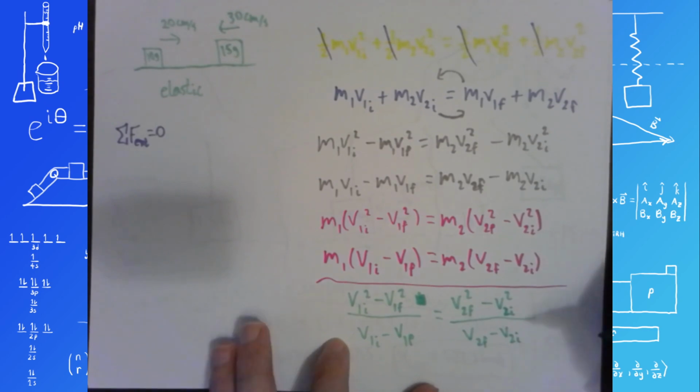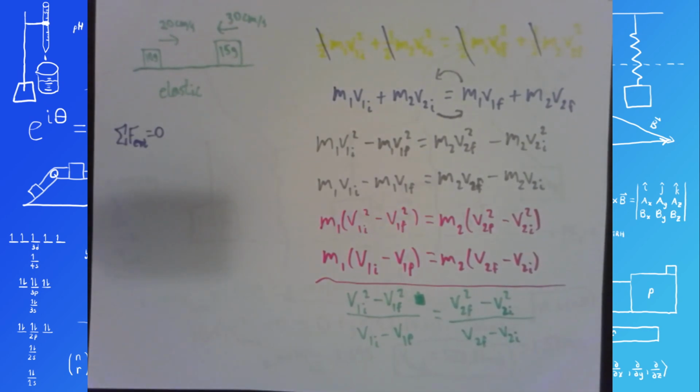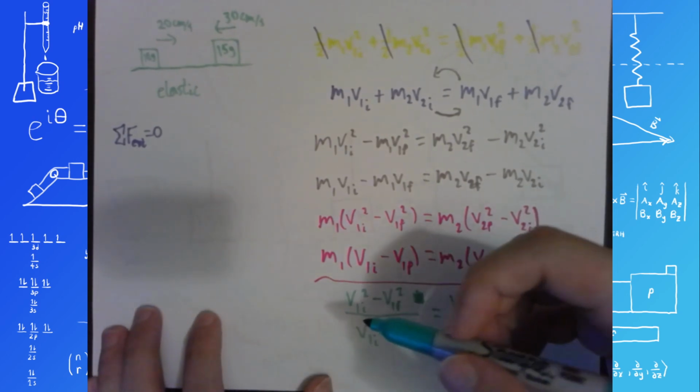Some of you can probably guess what the next move is going to be. These numerators are differences of squares. I can factor these.